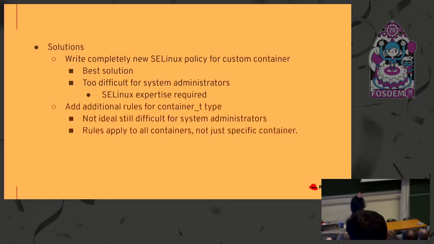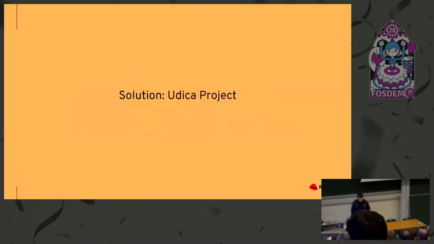The second thing you can do is add an additional SELinux rule for the container_t type. This is not ideal because you need to know how to write SELinux policy, and also these additional rules will apply to all containers on your system, not just your custom container.